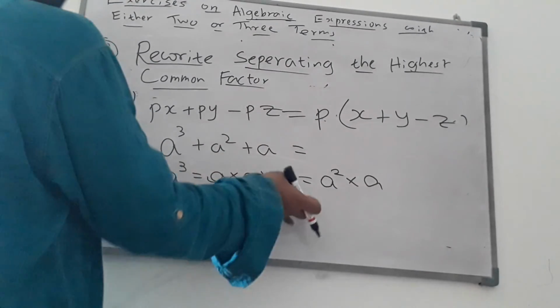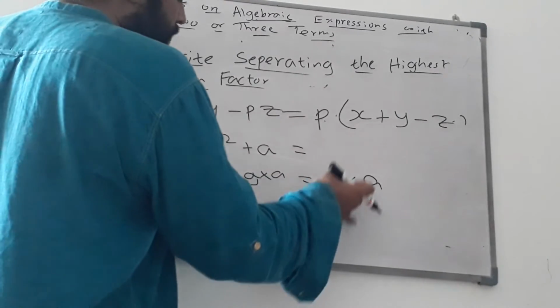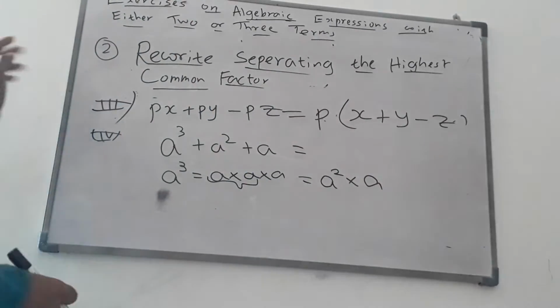And also we can write a cubed as a squared times a.